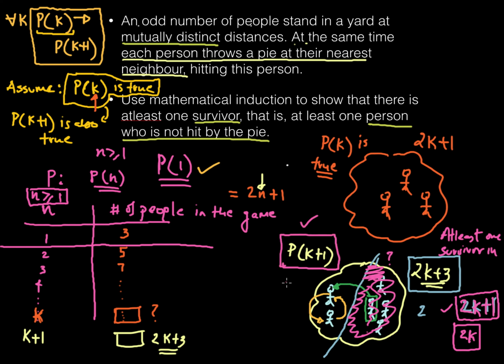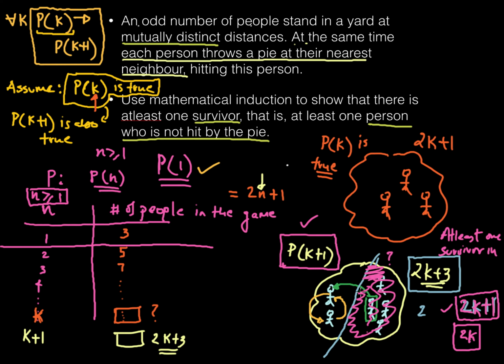It is true because in this pink half there were a total of 2k pies thrown, from which there happened to be 2k plus 1 people, meaning there is at least one survivor.